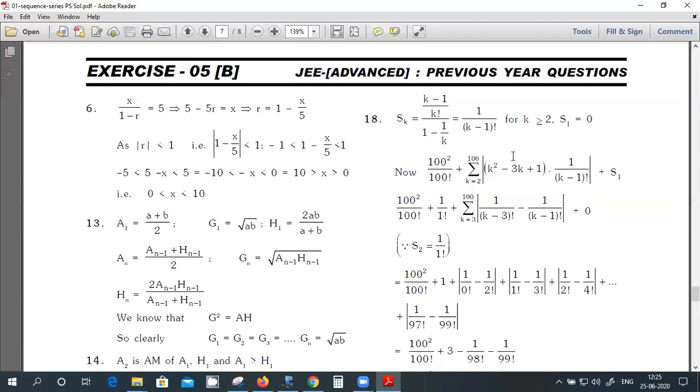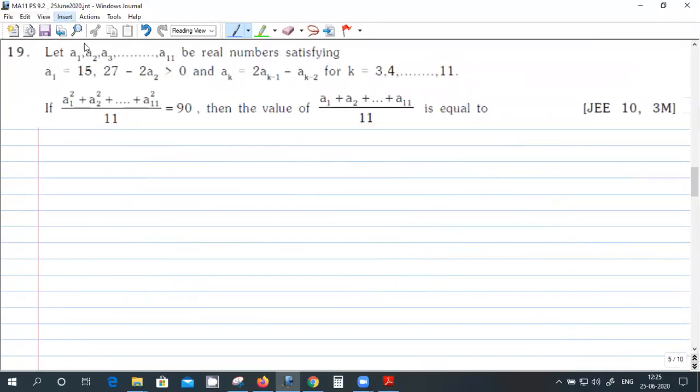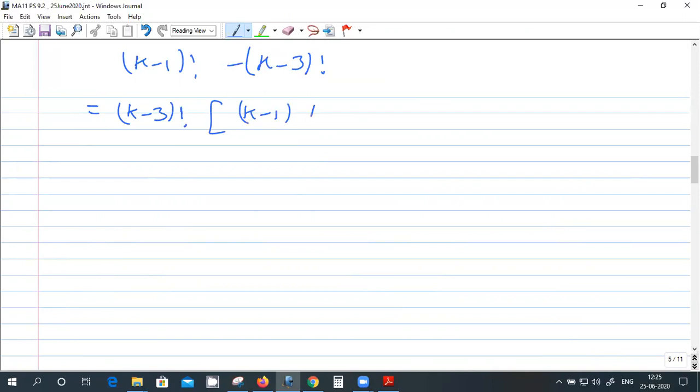What is (k minus 1) factorial minus (k minus 3) factorial? So this is equal to (k minus 3) factorial into ((k minus 1) into (k minus 2) minus 1).